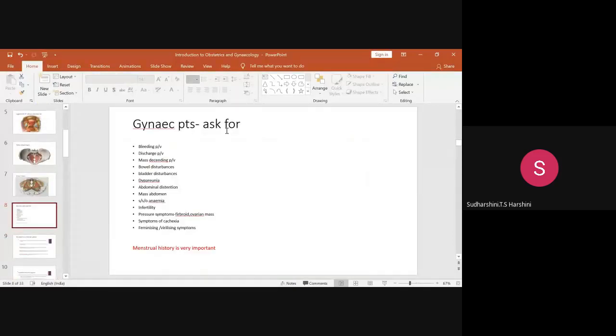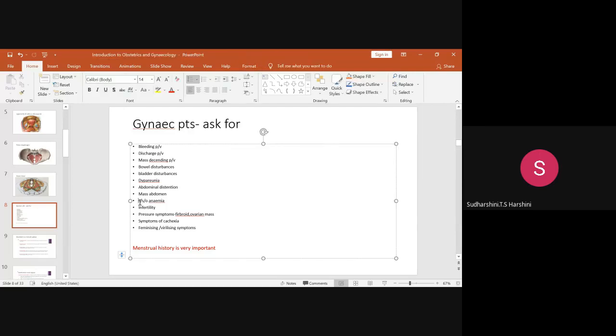Okay. So these are the common questions that you're going to ask a patient coming to a gynecology OP. You'll ask for bleeding PV, discharge PV, mass descending PV, any bowel disturbances, bladder disturbances, dyspareunia, that is, whether the patient has any pain during coitus, abdominal distension, mass abdomen, features of severe anemia, fatigability, difficulty in breathing, tiredness.